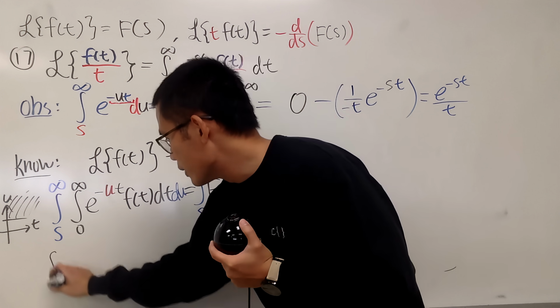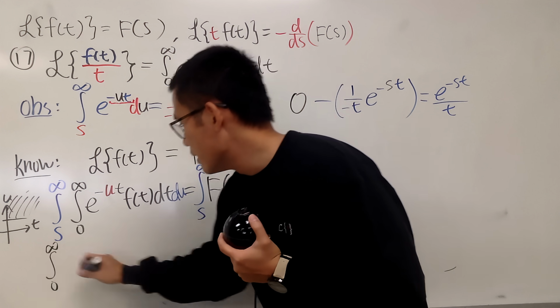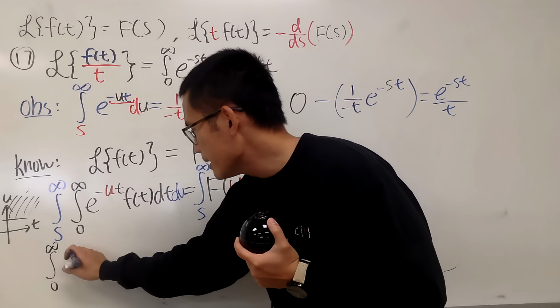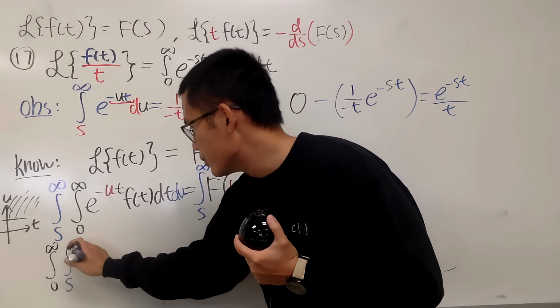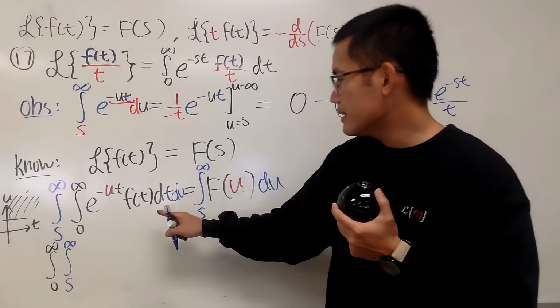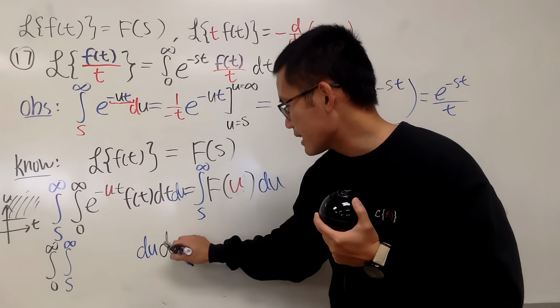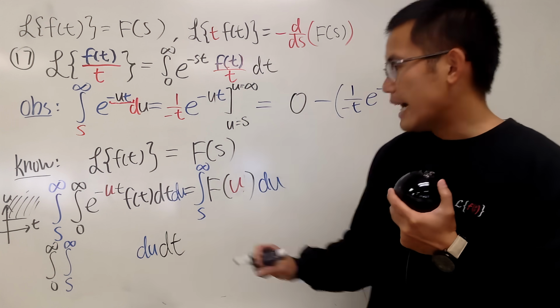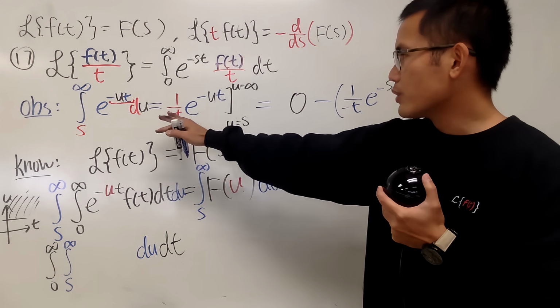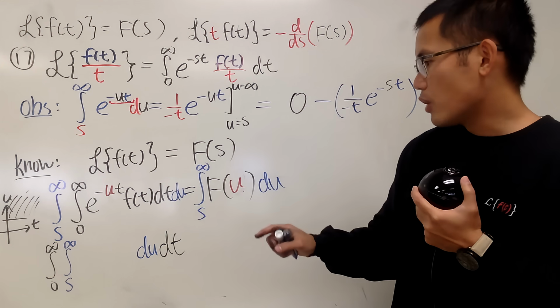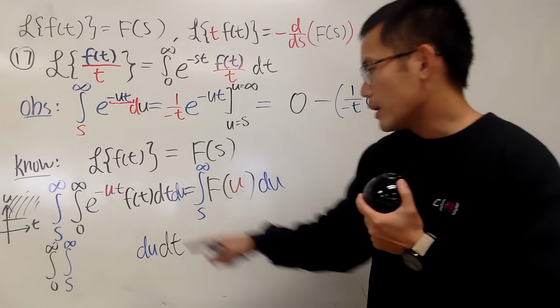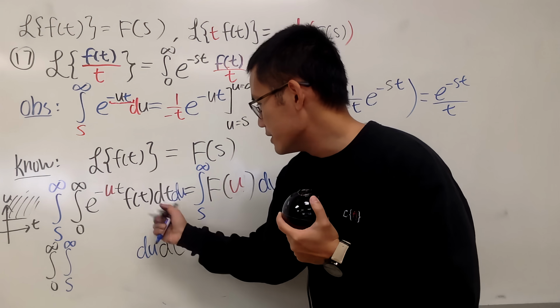Let me do the integral from 0 to infinity, and then the blue integral from s to infinity, and we'll have the du first, and then we have the dt after that. And for the inside, let me just write down everything again.